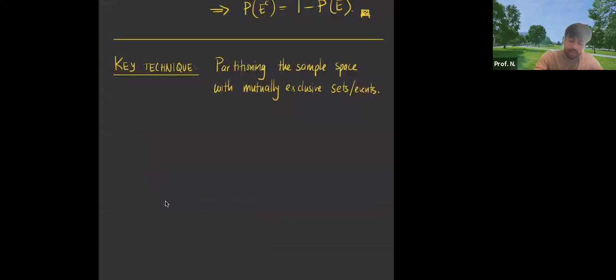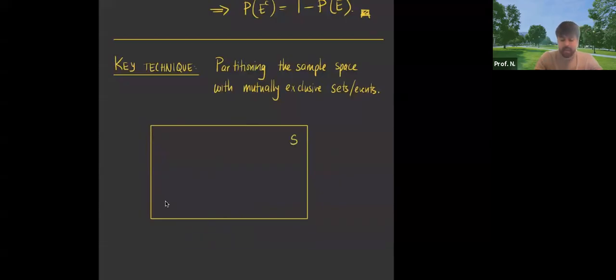So again, I'm first going to just draw this out. I have a sample space, and I'm going to have some event. I'm going to call this E. The idea is that I'm going to try to find a way to partition.